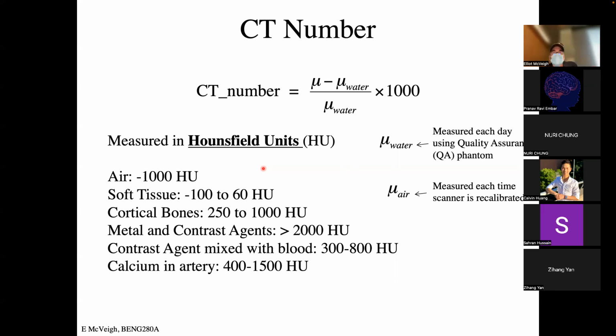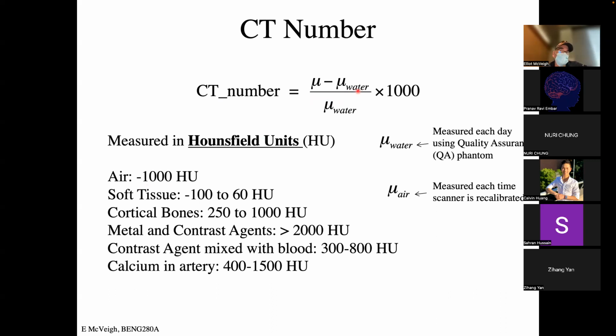In CT, it turns out that everything is based on what the mu value is of water measured by your scanner on that day, right? And air, because you measure air as well on that day, you set this to -1,000, scale it, so this is -1,000, and you set this so that it's 0, right?